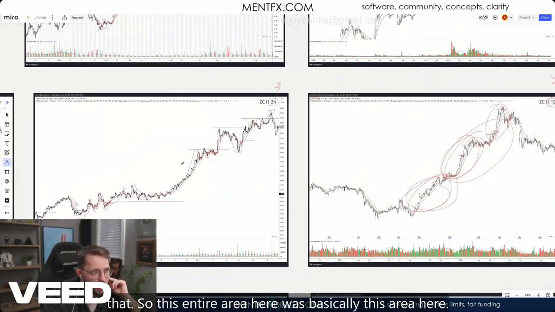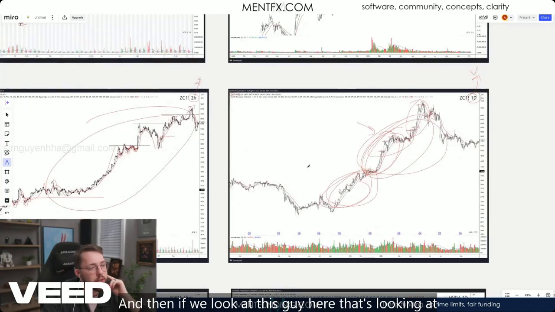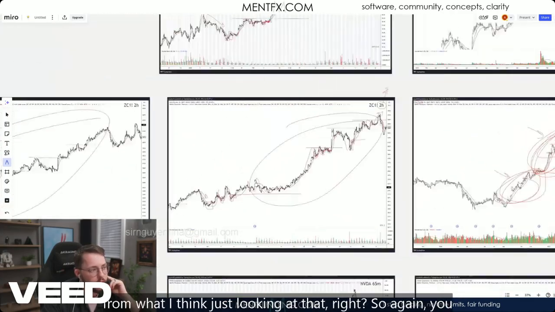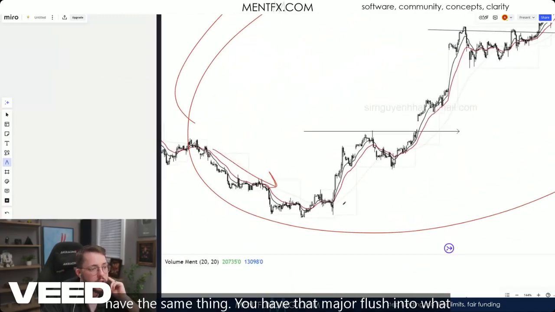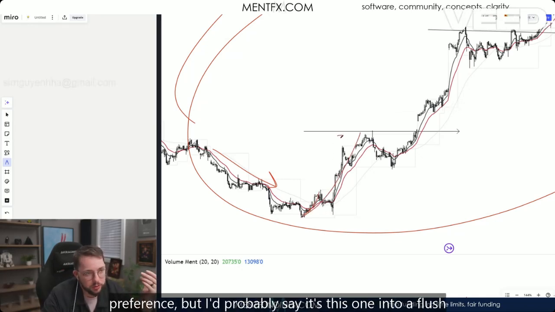Similarly, before that, this entire area here was basically this area here. And then this one here is looking at basically, I believe, this area down here, just looking at it. So again, you have the same thing. You have that major flush into what could be a stage 2 here or a stage 2 here. This is just preference, but I'd probably say it's this one.